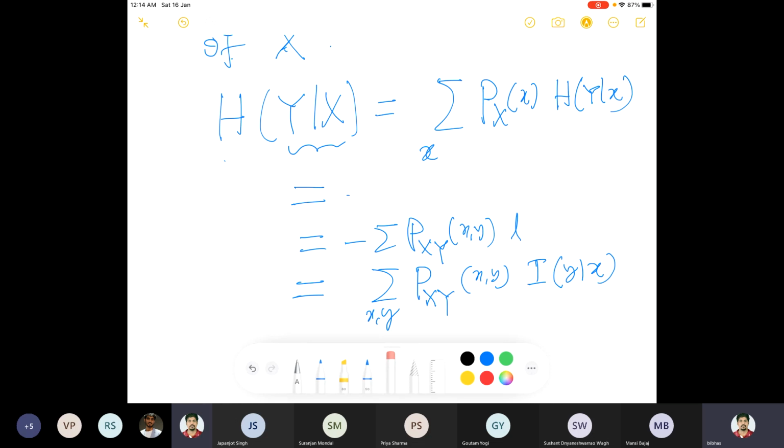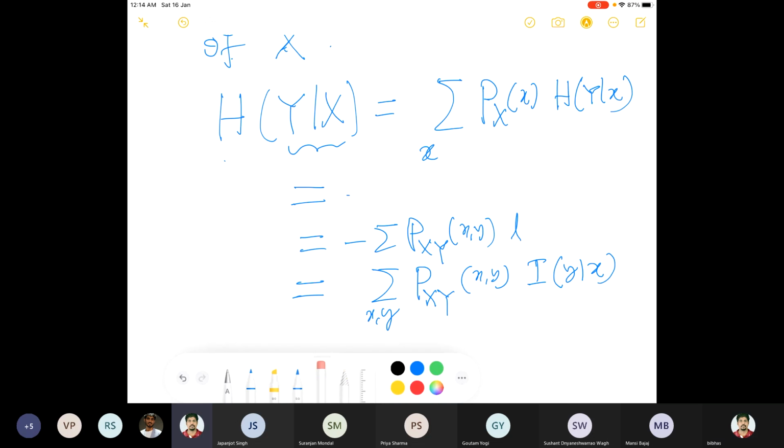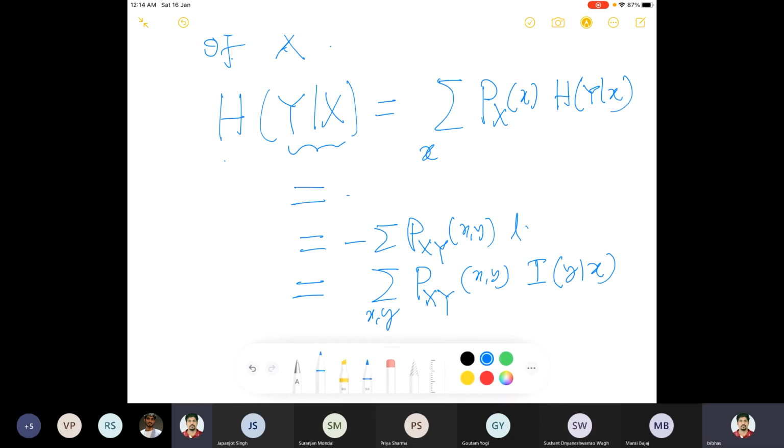And this has to be the log of, not the probability here, W(y given x). This is what it is.